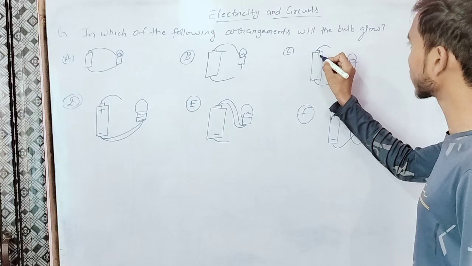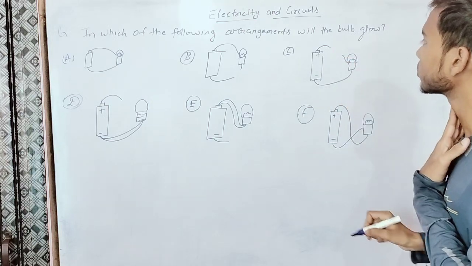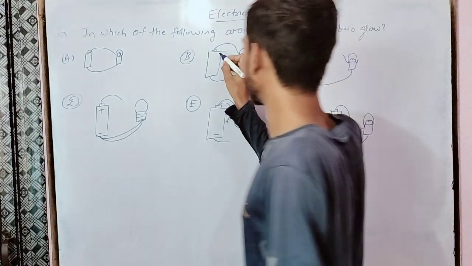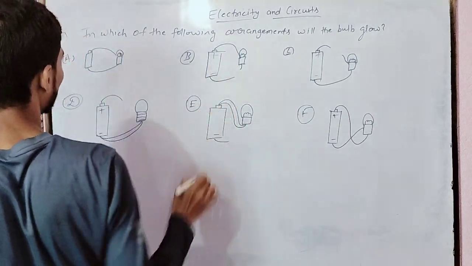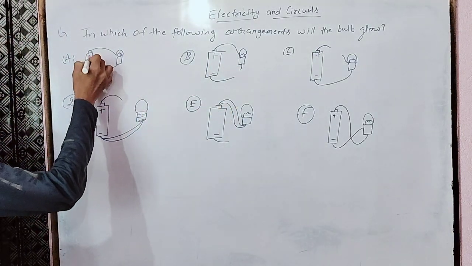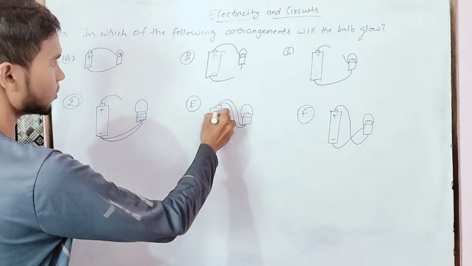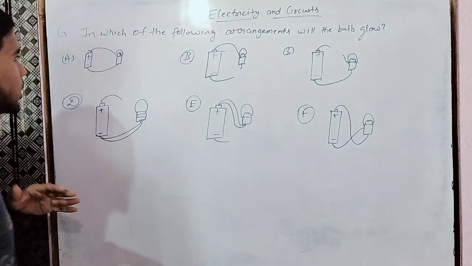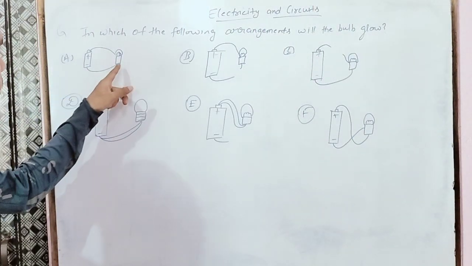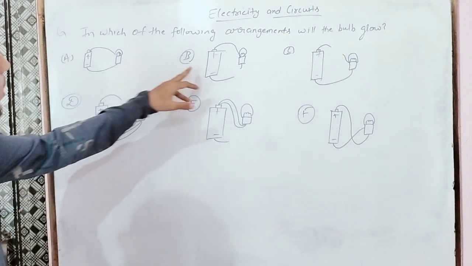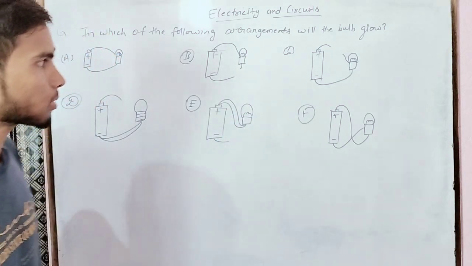Now this is the metal cap, this is the metal disc, this is the positive terminal, this is the negative terminal, this is the positive end, this is the negative end. Now this is a battery, this is a bulb, this is a wire.